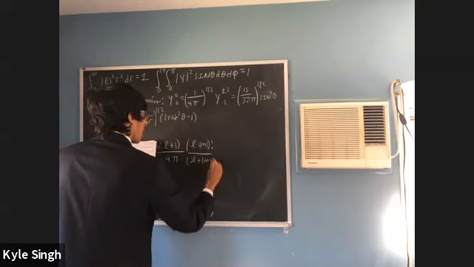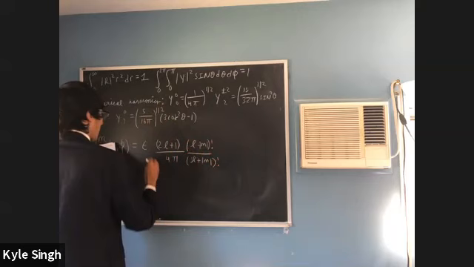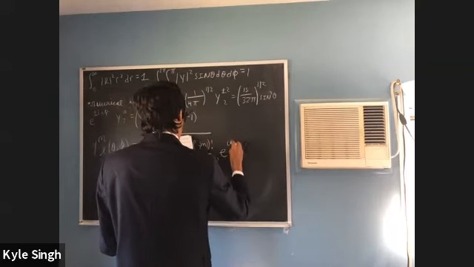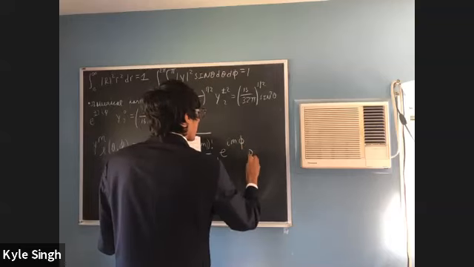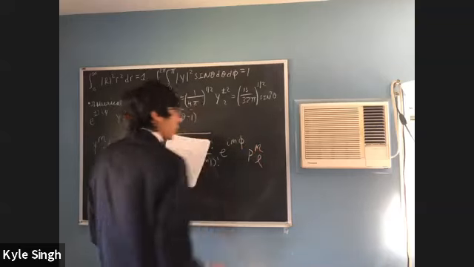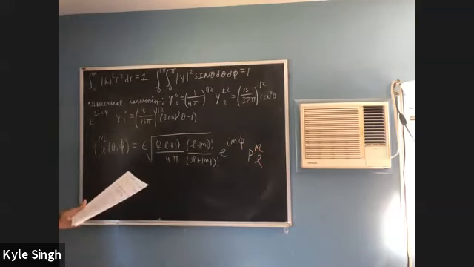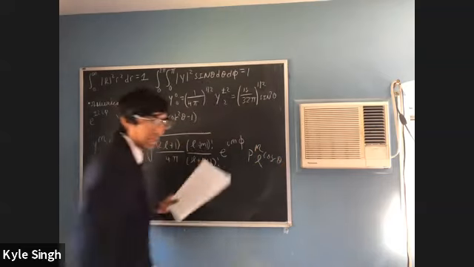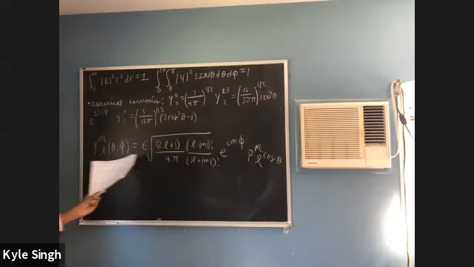Now you can see why I use these L's and M's, because they're just coming from solutions to these equations. Times e to the i m phi, times our corresponding Legendre polynomial of cosine theta. This is our spherical harmonics formula.